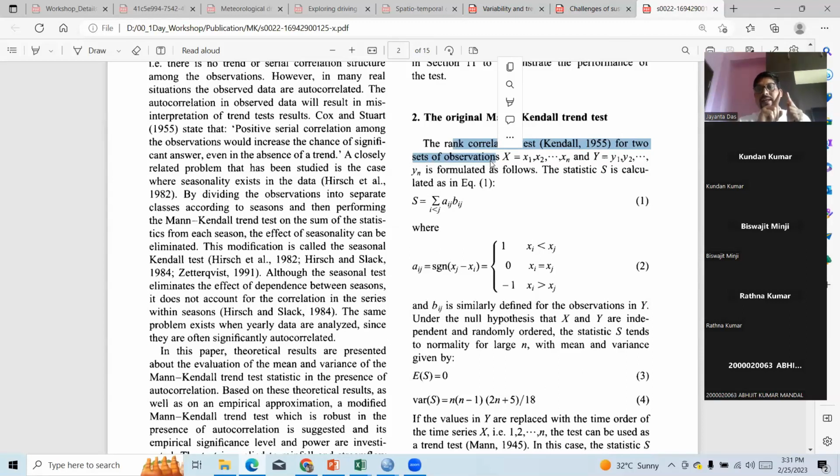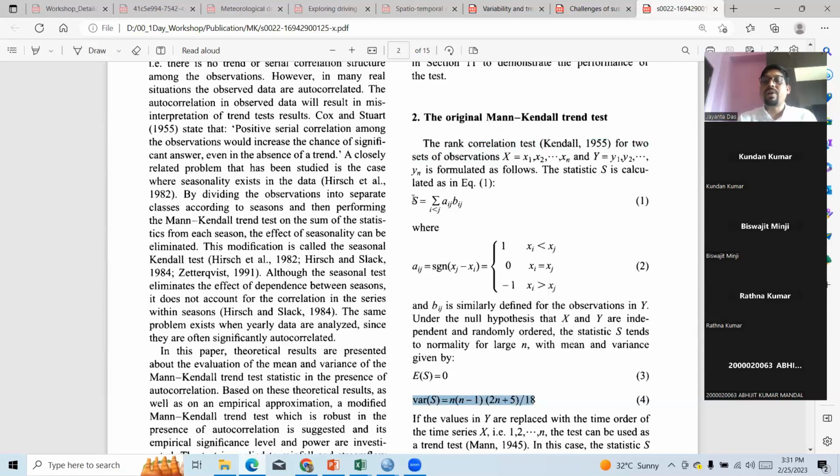That means we replace one set of observations by time. That means the x-axis is our time and the y-axis is our variable. So in case of time series data, we should follow this technique. We should follow this formula.